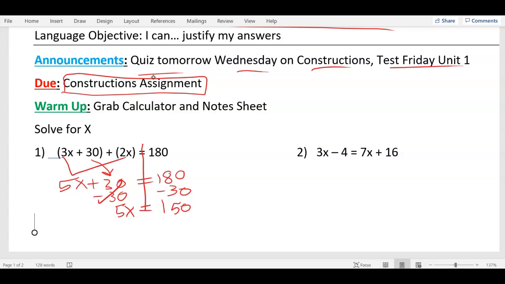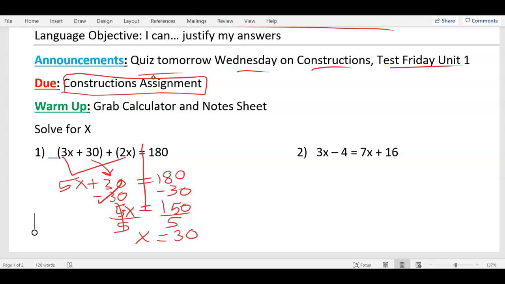Last step, to get rid of a coefficient 5, that means 5 times x. The opposite of multiplying is dividing. So you do divide when you have a coefficient in front of that x. Those 5's cancel out. 150 divided by 5 is 30, okay?